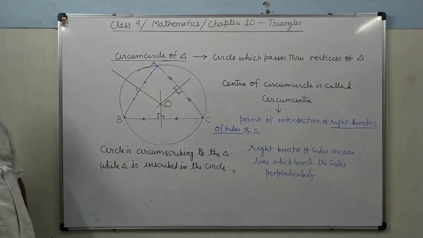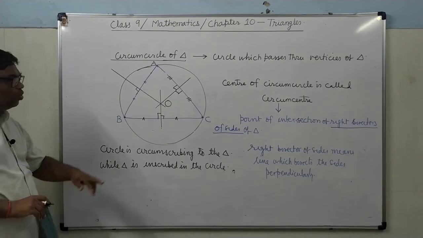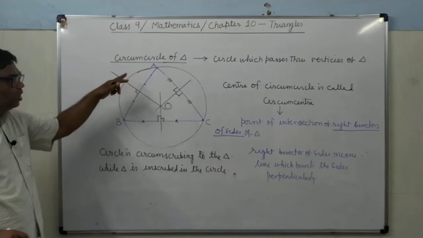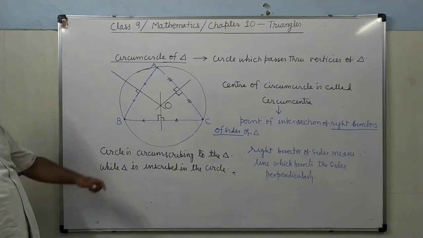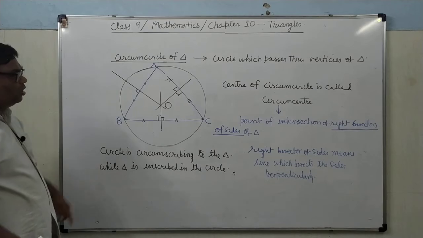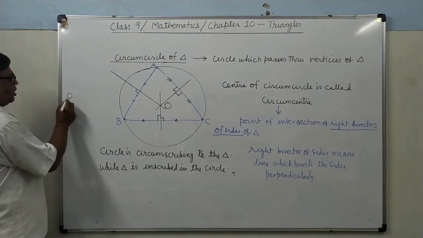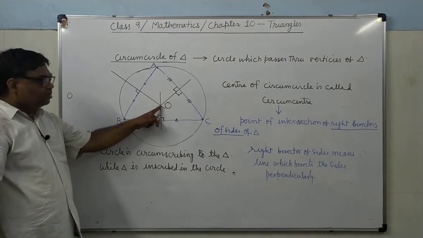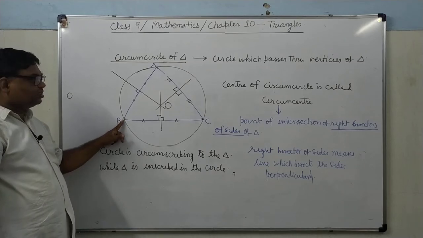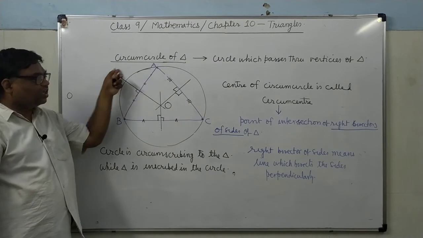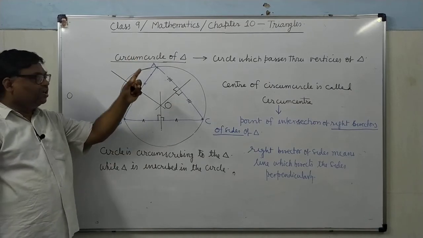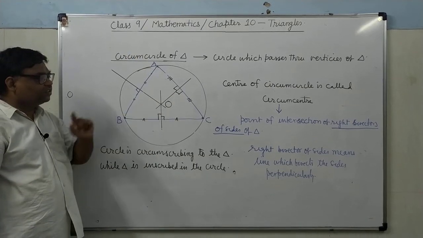Is it clear? Now you take O as center and OA or OB or OC as radius. That circle will pass through these points. As you know, the distance from the center to any point on the circumference is the same. These points are situated on the circumference, therefore their distances from the center will be the same.